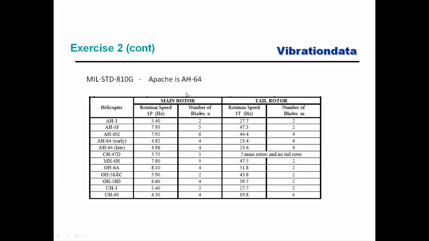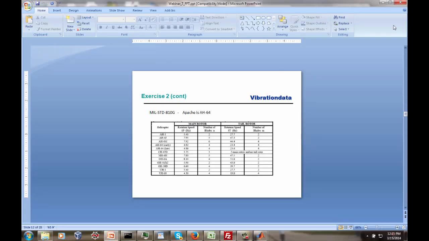Now the Apache helicopter is not listed by name in MIL-STD-810G, but it is represented in terms of model number. So AH-64 now is our measured data from an early helicopter or late Apache helicopter? I don't know. So we're just going to split the difference and say the main rotor hub frequency should be 4.84 hertz.